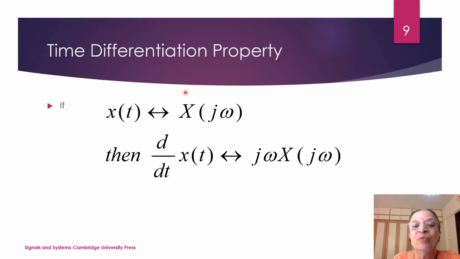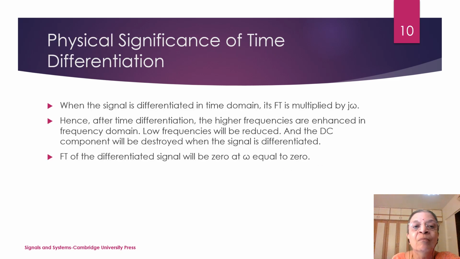Time differentiation property. Instead of x(t), if you have d/dt of x(t), then the transform will be multiplied by j omega. That means for every particular frequency component, it will be multiplied by the corresponding frequency value. What is the physical significance of time differentiation?